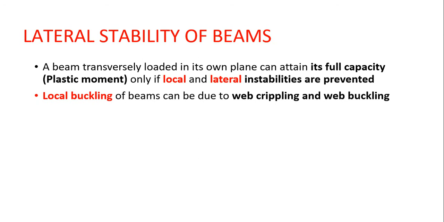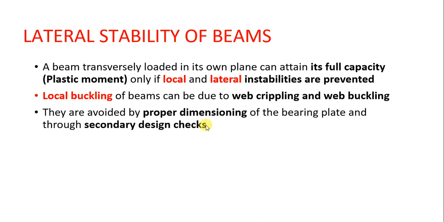Starting with local buckling. Local buckling of beams due to web crippling and web buckling is avoided by proper dimensioning of the bearing plate and through secondary design checks. So this I will be discussing later.